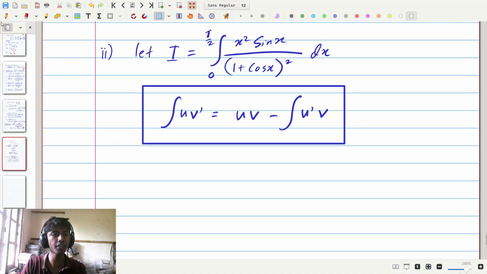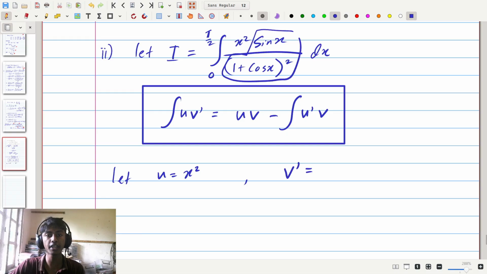So therefore we can say, let u equals x squared and v prime equal the other function, which is sine of x divided by 1 plus cosine of x whole thing squared.